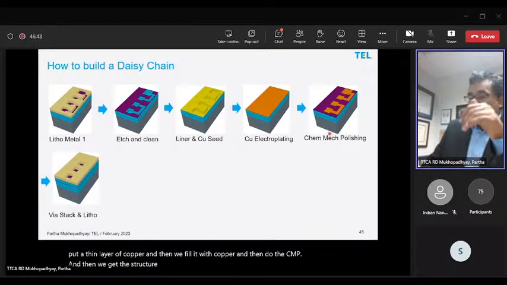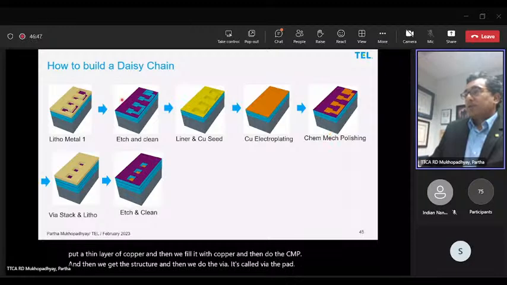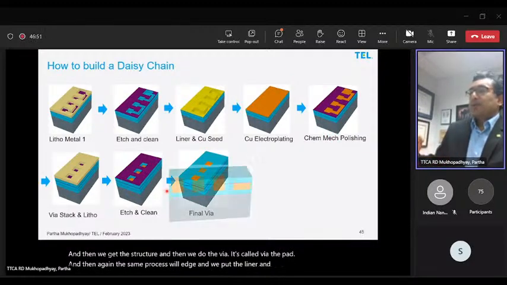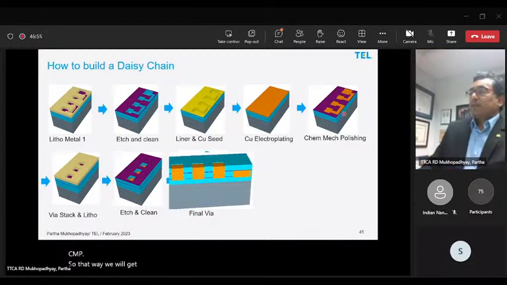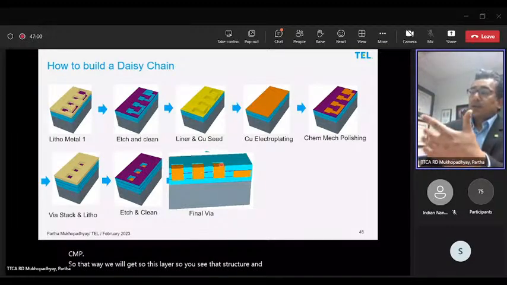And then we do the via, the pad. And then again, the same process: we etch, we put the liner, and then copper, and then CMP. So that way we get this layer. You see that structure, and on top of that, there is the other thing.